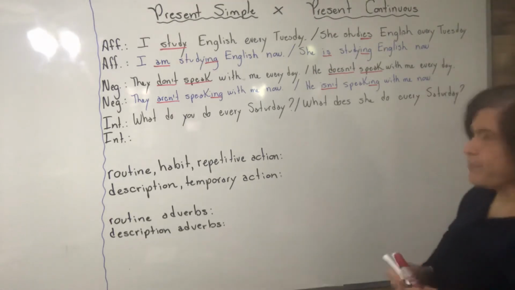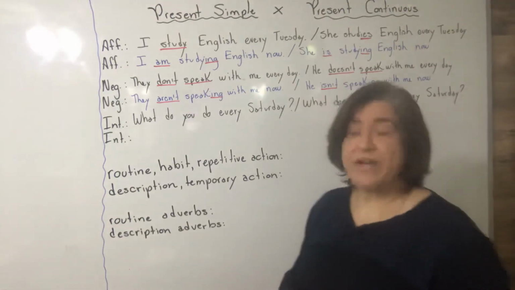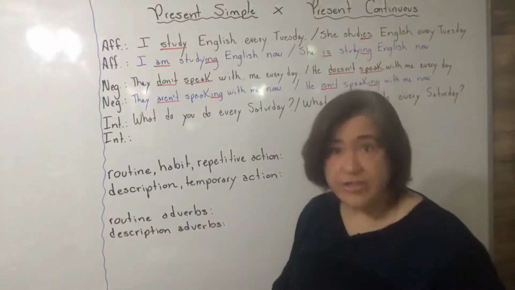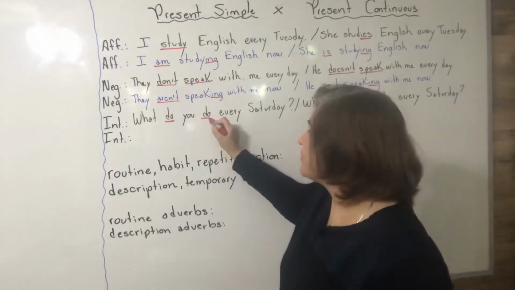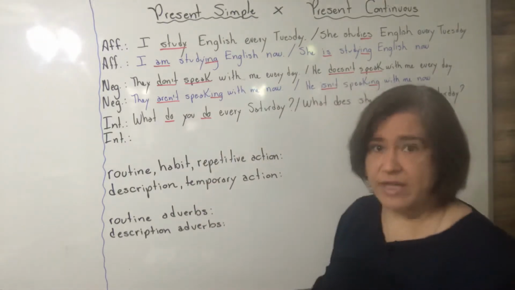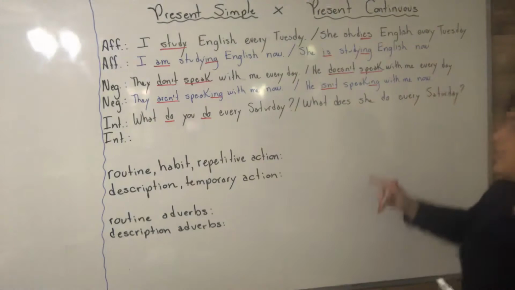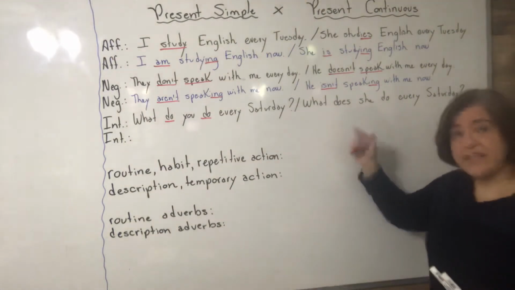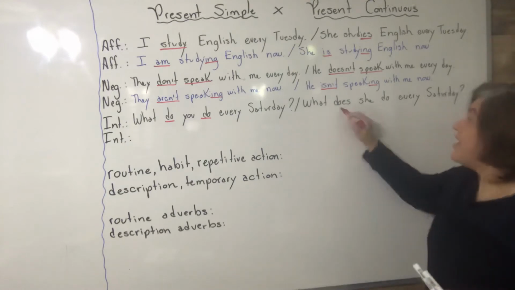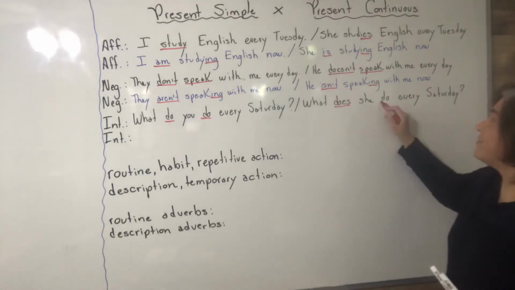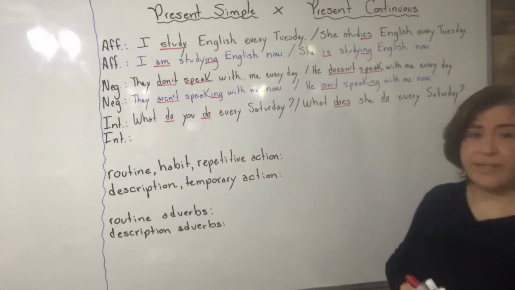Okay, so questions in present simple: auxiliary do plus person plus verb in basic form, the infinitive. Don't forget that for he, she, it, the auxiliary is does and the verb in basic form, okay.